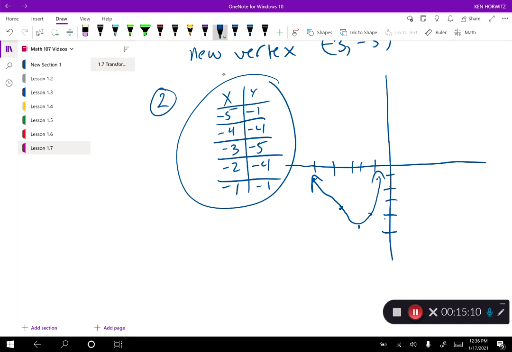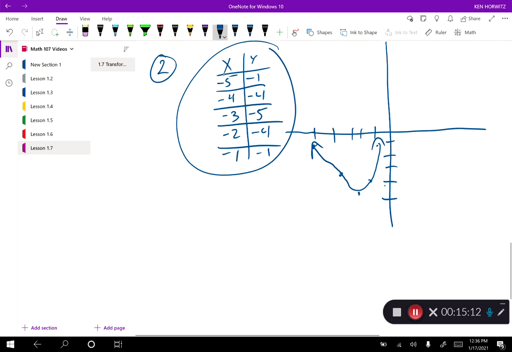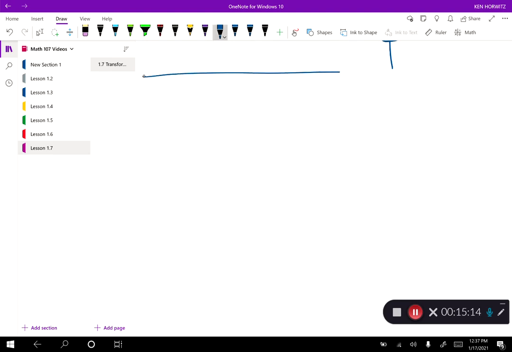All right. So the next idea about acting on a function is called compressions and stretches. And I want to use a new parent function. I told you, you can use anything you want as a parent function.